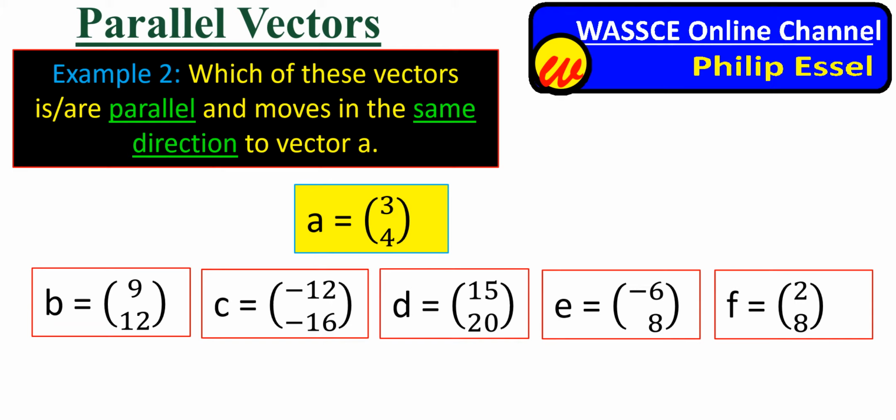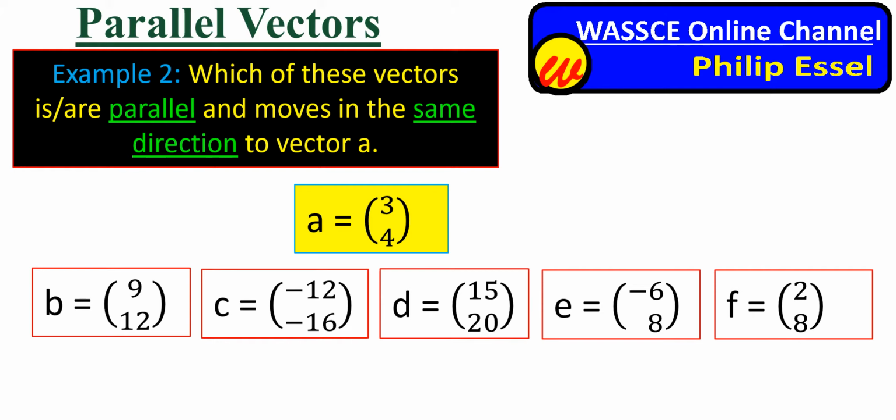In doing so, from the vectors A to F, we'll be looking for those of them that are scalar multiples of the vector A. And in doing that, we would also have to write the scalars that resulted in their formation. So that's what we are going to do. So we'll start with the vector B. The vector B, is it a scalar multiple of the vector A? If it is a scalar multiple of the vector A, then which scalar resulted in the formation of the vector B?